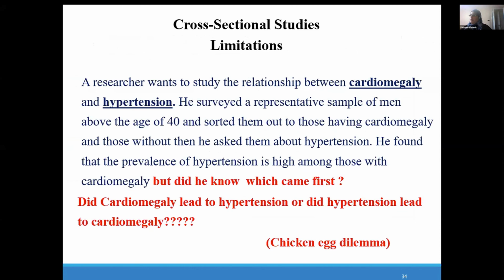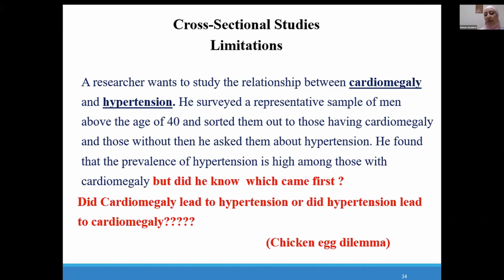If you want to study the relationship between them, it's not back and forth, because I feel like a lot of exposures can lead to cardiomegaly. Do I understand that well? Not only hypertension is the reason, it can be high cholesterol. Yes, there are many reasons for cardiomegaly. But if I'm interested in the question, does hypertension cause cardiomegaly, then the best design is not a cross-sectional study.